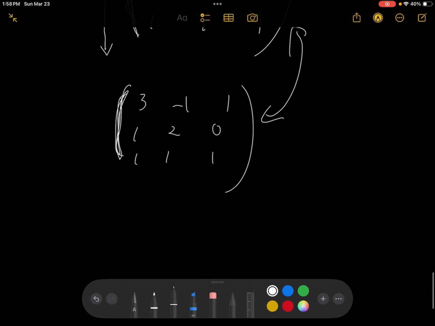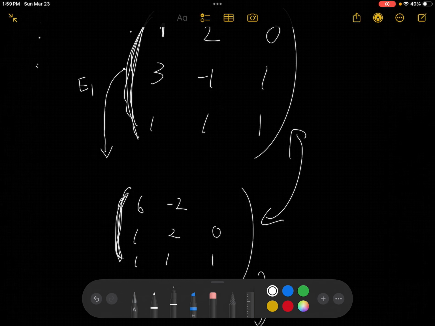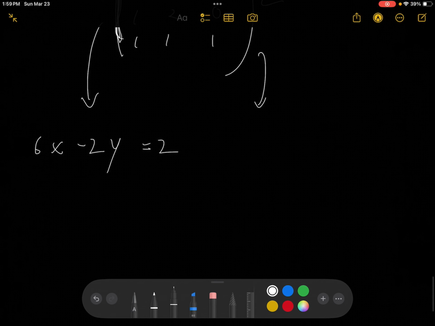Next, we can replace a row with a non-zero multiple of itself. So we can take this matrix and say multiply the first row by 2. And we're going to end up with this matrix right here, which is equivalent to the previous one. And we know that because if we were to draw out the system of linear equations that this matrix represents, our first equation would look like this.